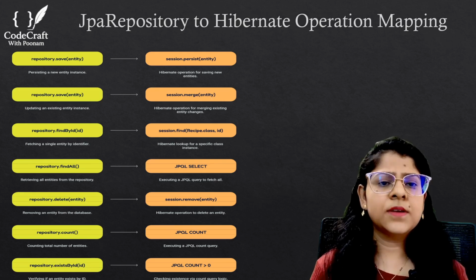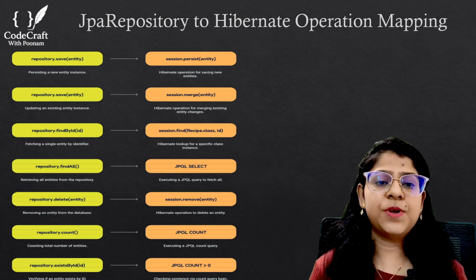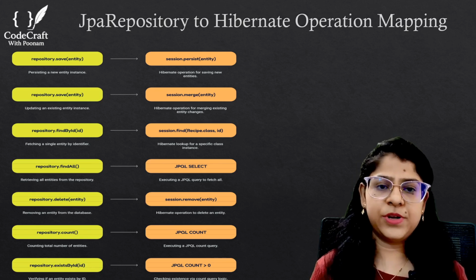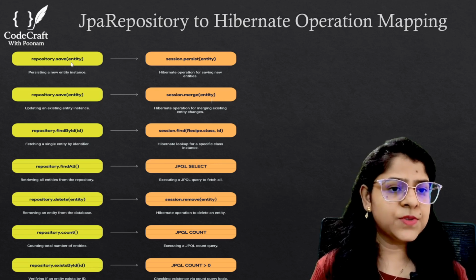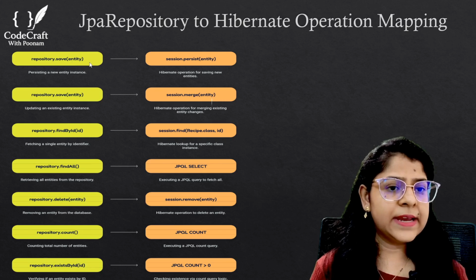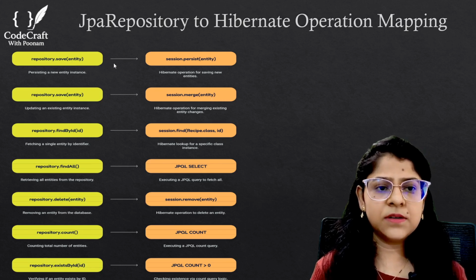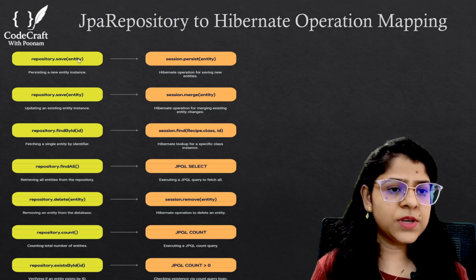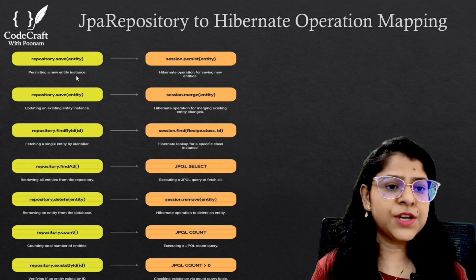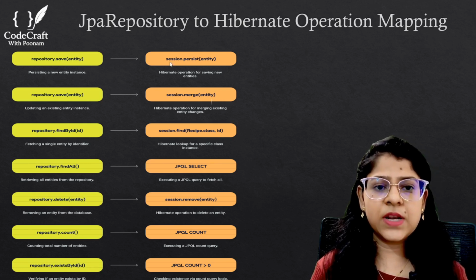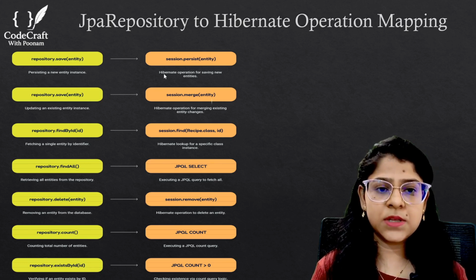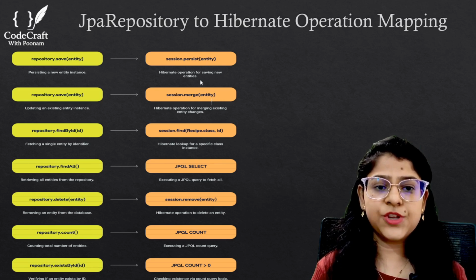Every JPA repository method maps directly to Hibernate operations. So here you see repository.save(entity). This is the method which will map to session.persist. This is nothing but persisting a new entity instance, whereas session.persist is the Hibernate operation for saving new entities.